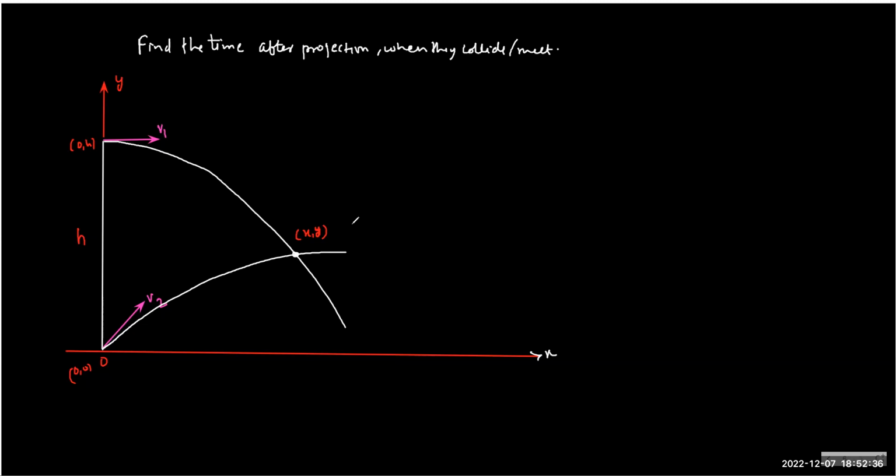Think organically, you will get the answer. In fact, even if you don't know relative motion, you can still solve this question. The idea of relative motion is not mandatory to solve the question. In the chapter of relative motion, we make it easier. That's it.